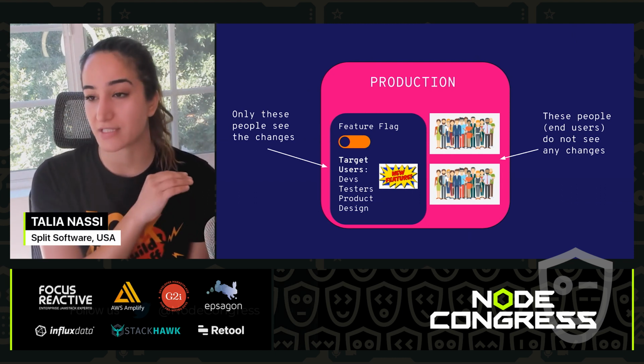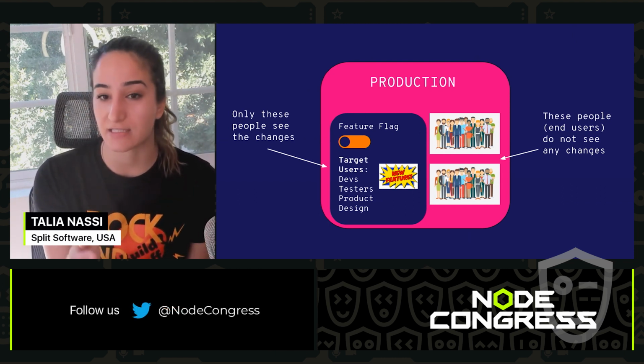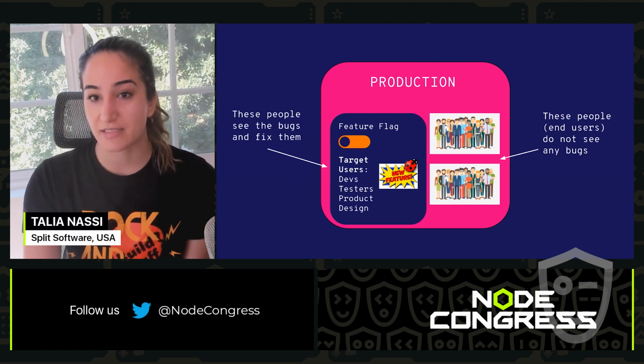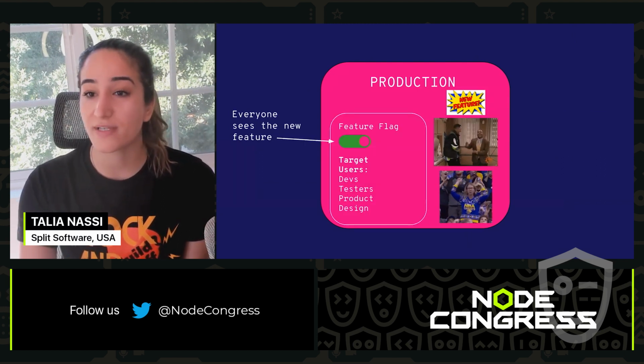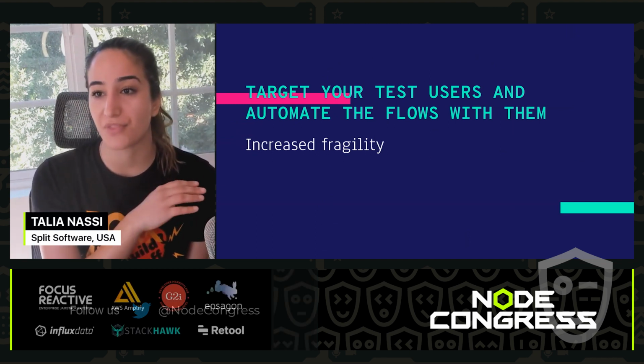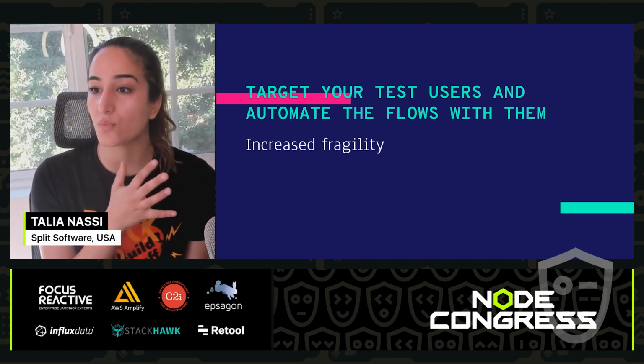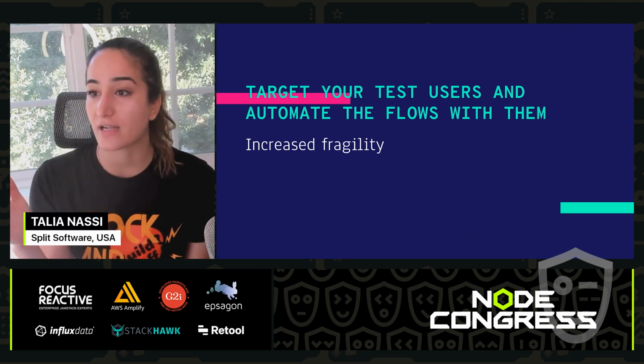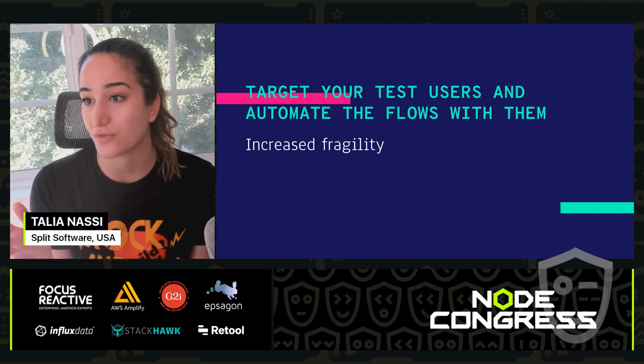So every time this test user logs in, they have access to this new feature. And what's great about this option is that the test will continue to run even when you turn the feature flag on. You won't have to do any additional configuration.